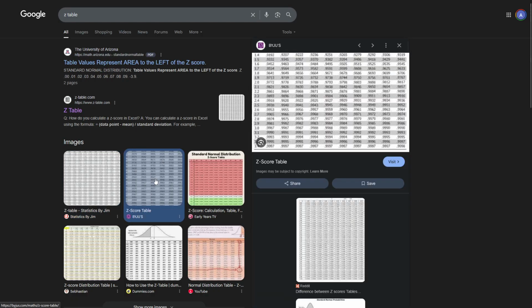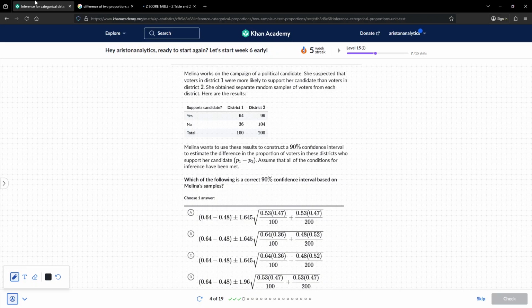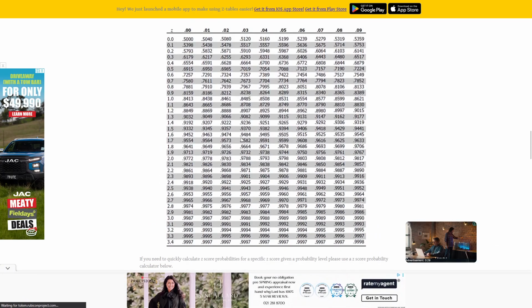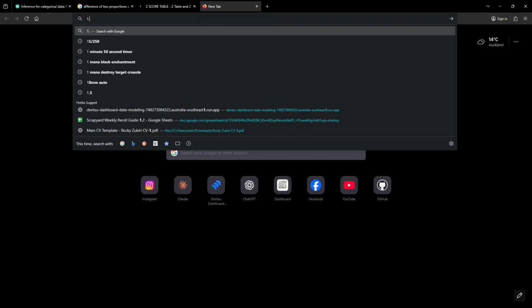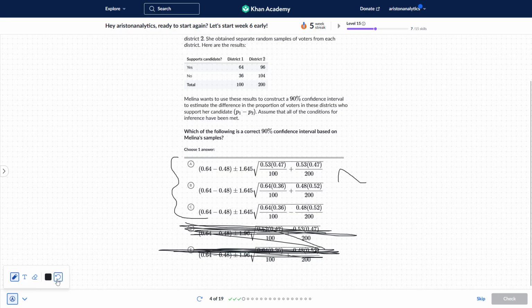Hopefully this loads. 5% on both sides, so 95%. 0.95. 1.645. Okay, so remove these options. All of these are the same apart from the standard error.